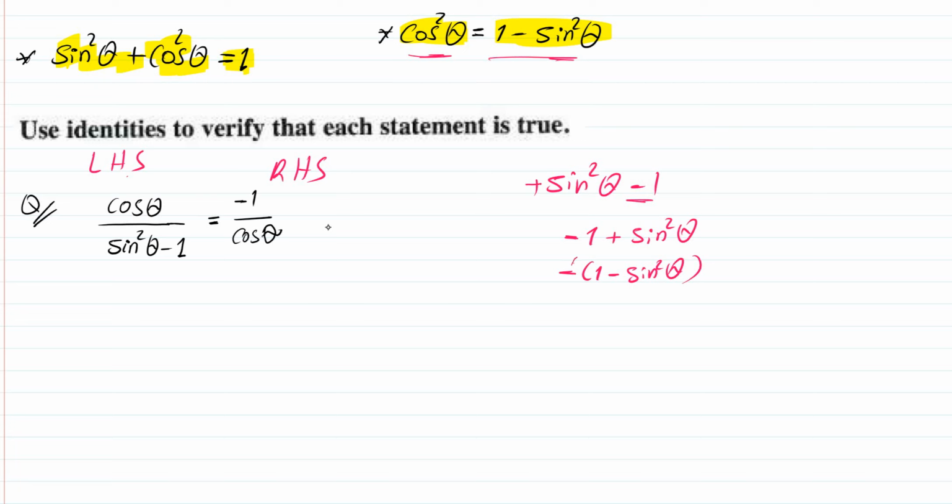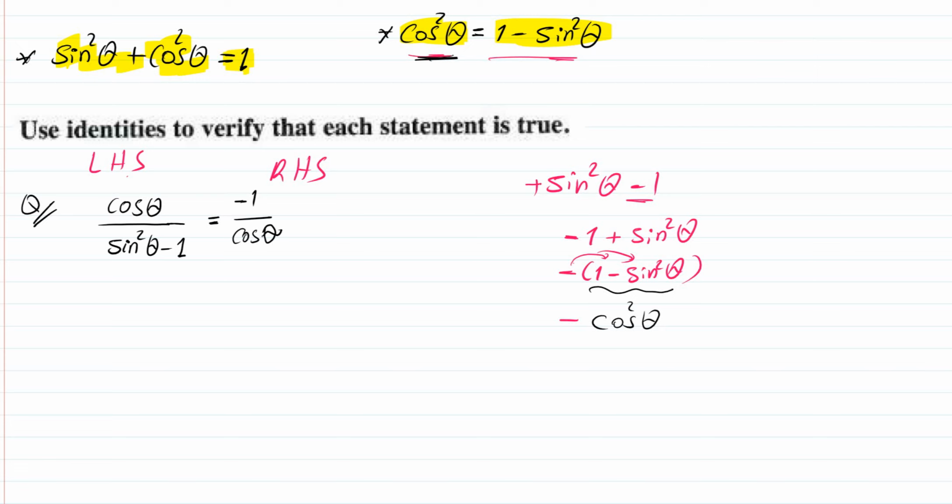If you multiply this negative inside the bracket, you get the same stuff back. Okay, so when you get this negative, and we all know 1 minus sine square is actually cosine square, so we get cosine square of theta.